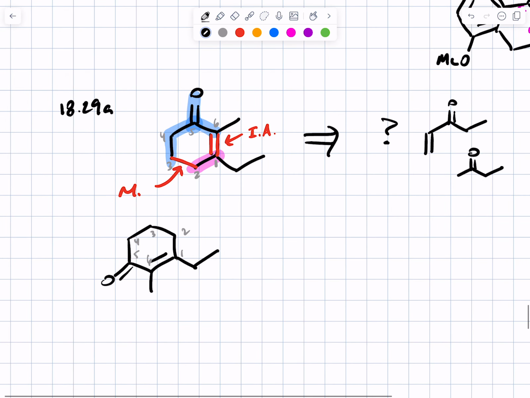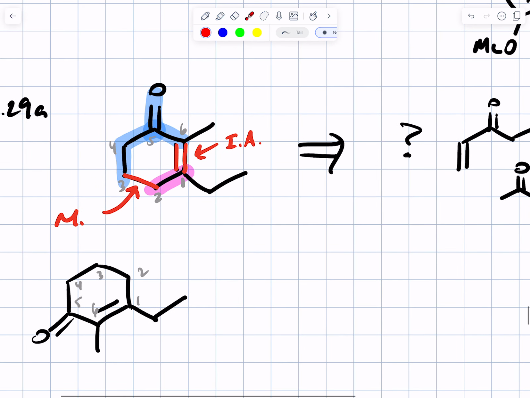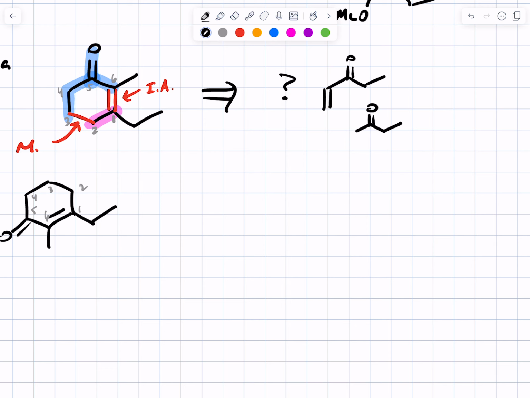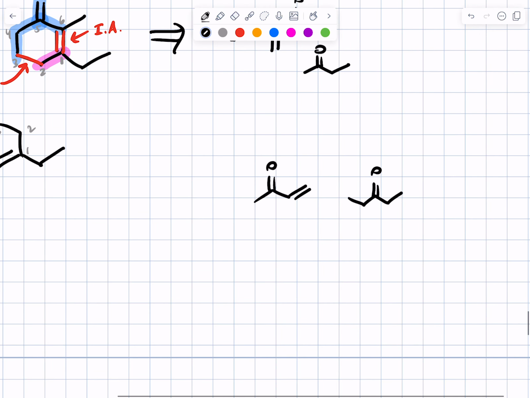If you switch which one is the enolate and which one is the alpha beta unsaturated carbonyl, can you also form it that way? I think the question is, if I had used this and then this, would I have gotten the same thing? That's an interesting question, and I'm not sure.